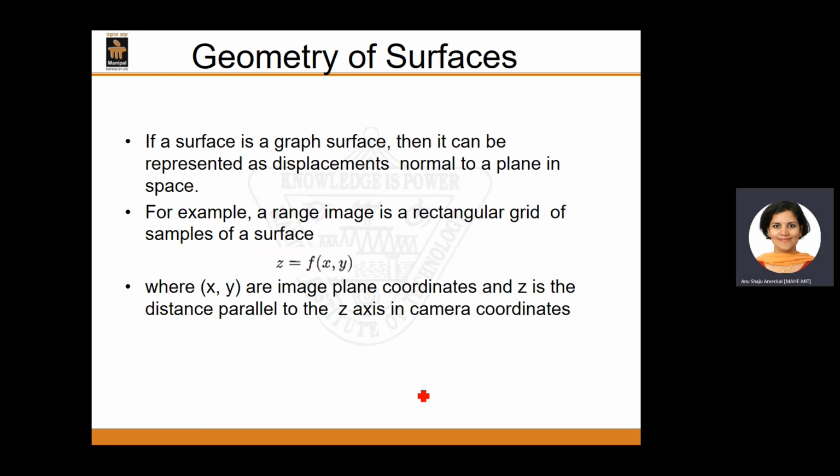For range images, we usually go for the explicit form of describing surfaces. A range image is a rectangular grid of samples of a surface, which is given by z = f(x, y). This x, y can be thought of as the image plane coordinates, and z is basically the distance parallel to the z axis in the camera coordinates.